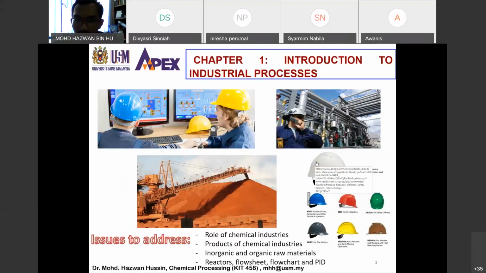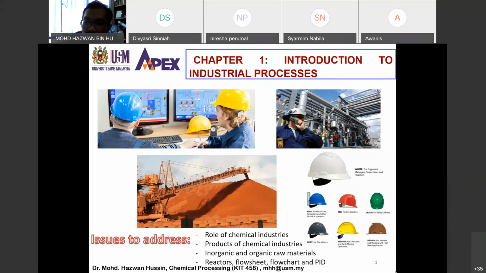I forgot to tell you guys, we have one picture on your bottom right that shows different helmet colors. For those who will work in industries in the future, this is basic knowledge for you. We have different colors for safety helmets.